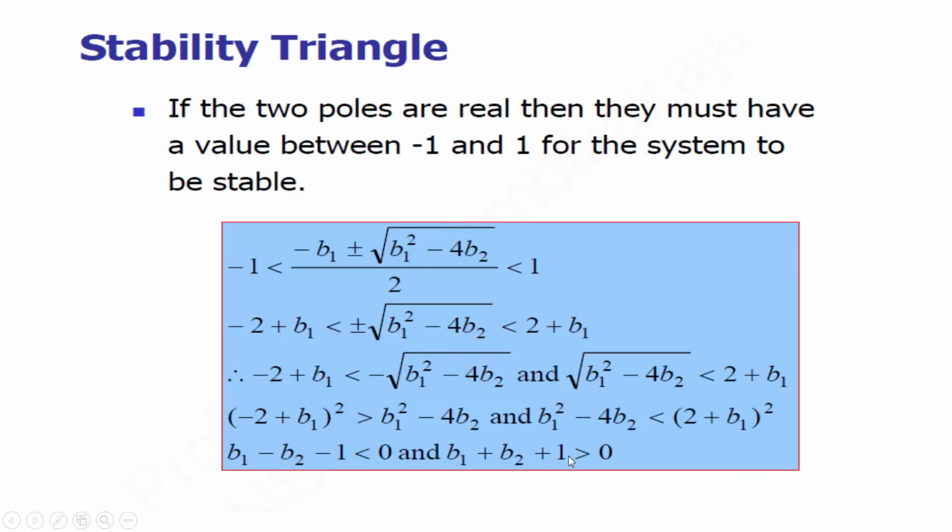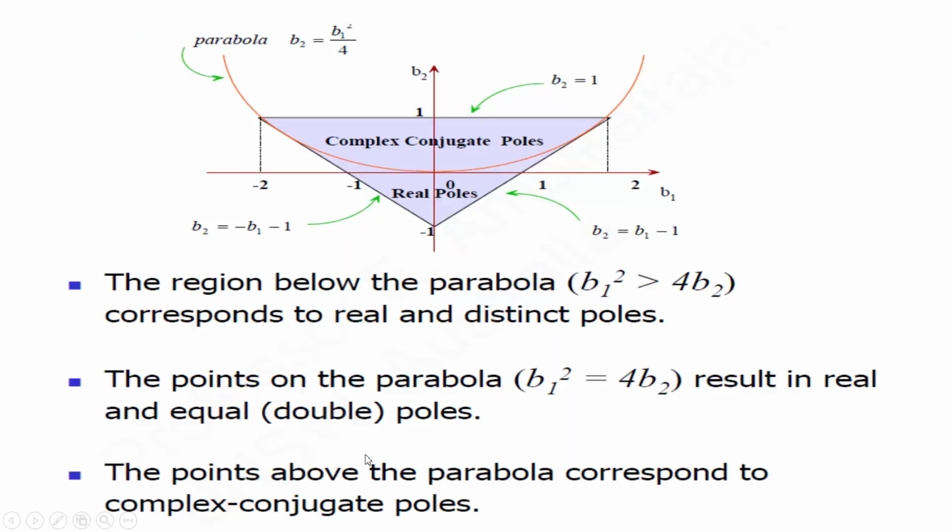We will take the equal values because we have to consider the boundaries. So b2 is equal to minus b1 minus 1, and the other equation is b2 is equal to b1 minus 1. And b2 has to be equal to 1 because it has to stay inside the unit radius.